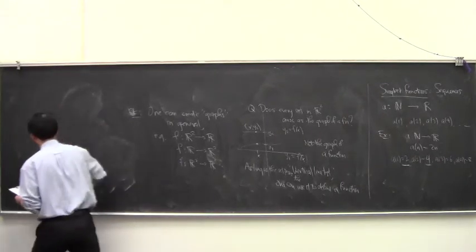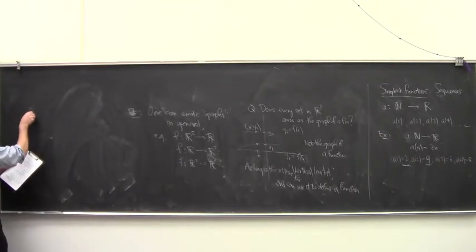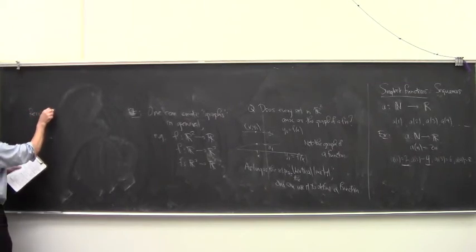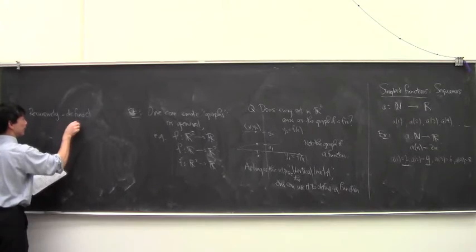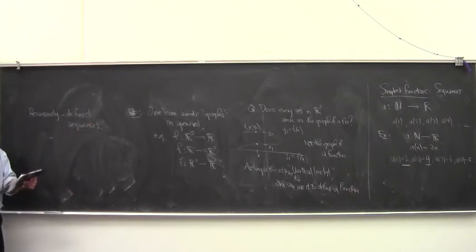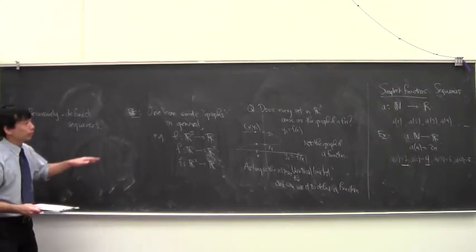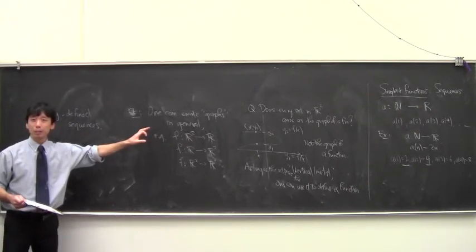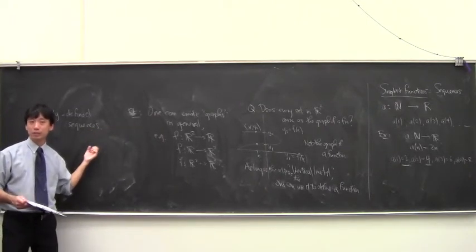One thing that I think might show up in the homework is something called a recursively defined sequence. I'm sorry to keep you a little bit over, but let me just make sure that I get this down. That's where you don't introduce it as a function, but you define an element of the sequence in terms of previous elements.